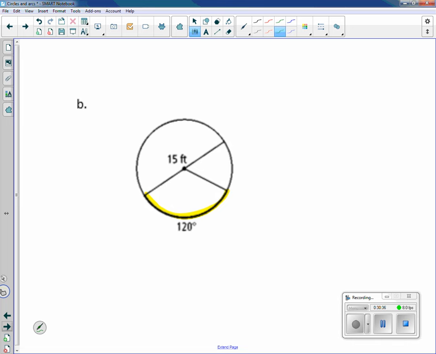Real quick, if I was talking about circumference, it would be 2 pi times, what is my radius here? 7.5. How do you get 7.5? You take 15 divided by 2, because 15 is the diameter.